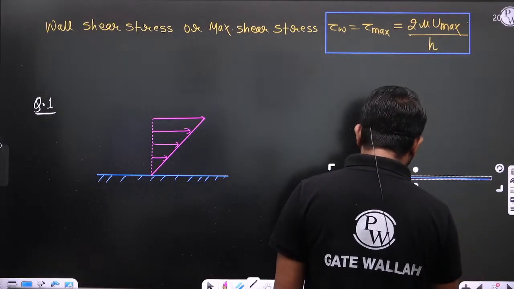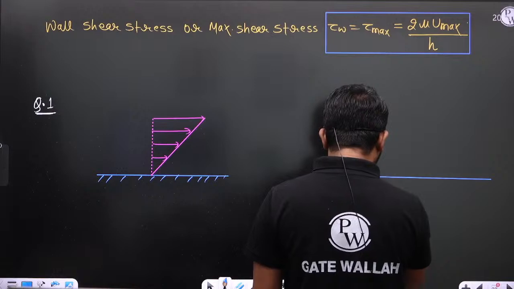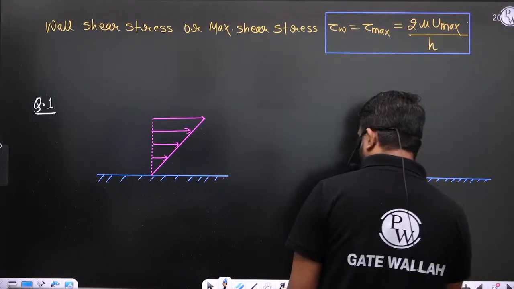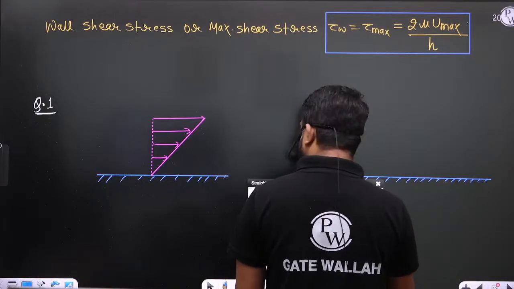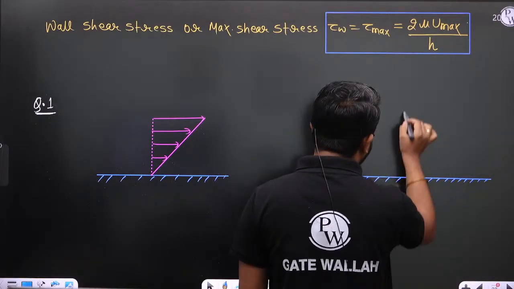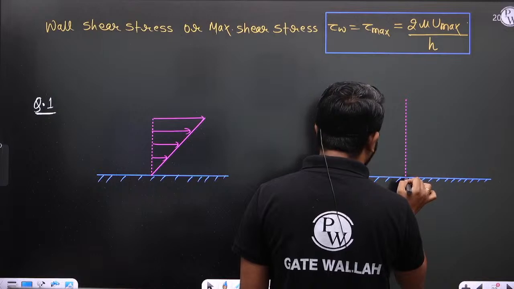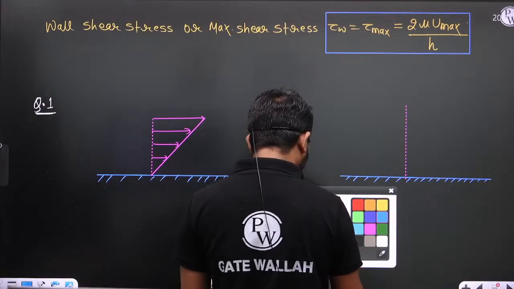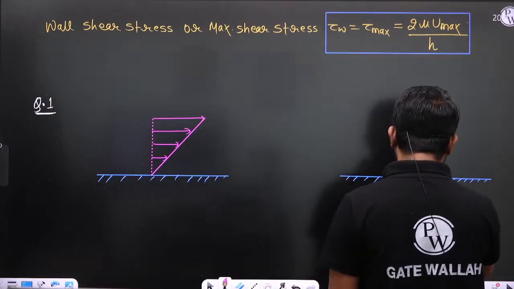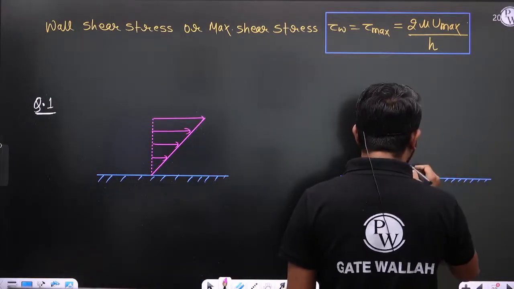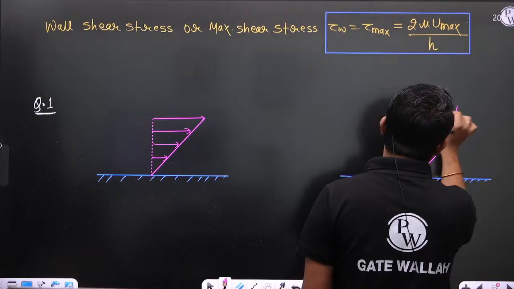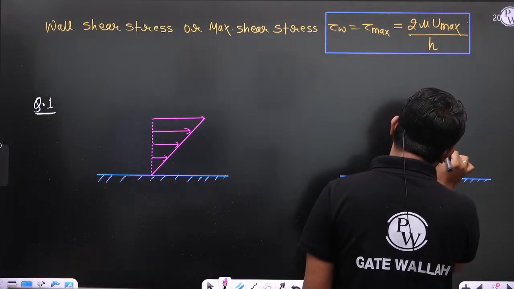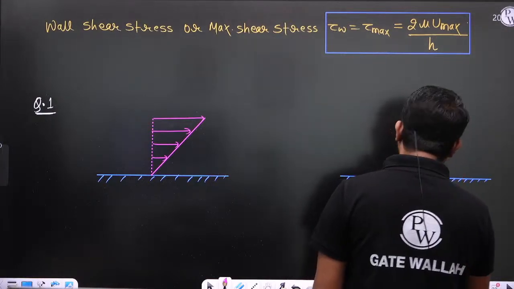Again, I am considering a bottom plate. The bottom plate is fixed and fluid is flowing over it, and the fluid layer attains a parabolic velocity profile here.